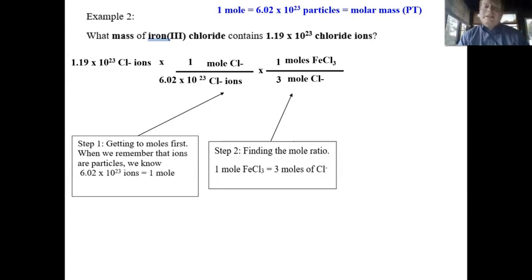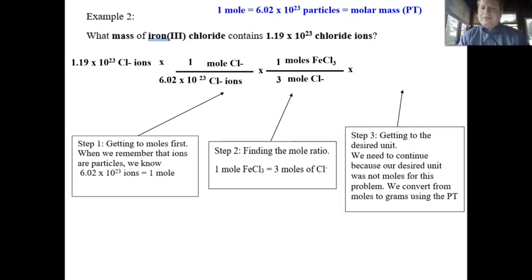Now step 3 is to see if you have to keep going. Check if you're at the desired unit. And we are not yet because they want us to be in grams of FeCl3, mass of FeCl3, and we're in moles of FeCl3. So the last step is what we've done before. Now we're just going from moles to grams. So on bottom, moles of FeCl3. On top, grams of FeCl3.